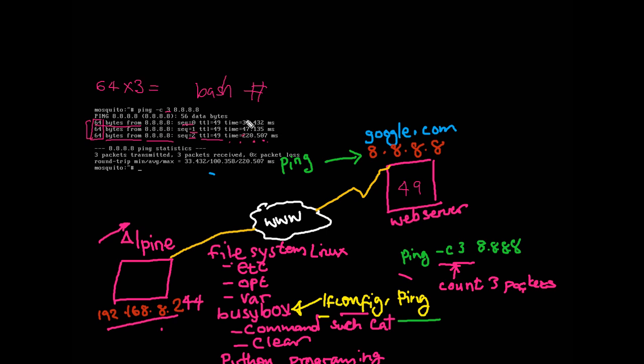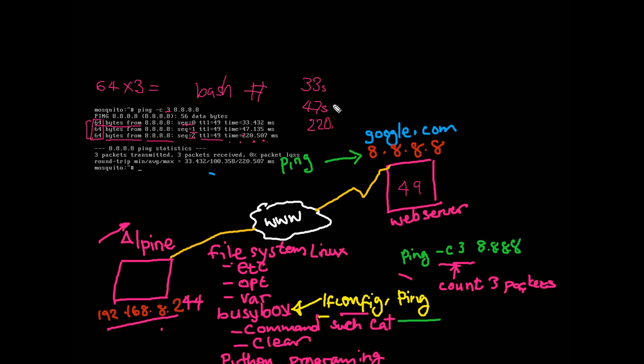And the times for the packets are changing here. We had 33, then 47 for the second packet, then 220 for the last packet.